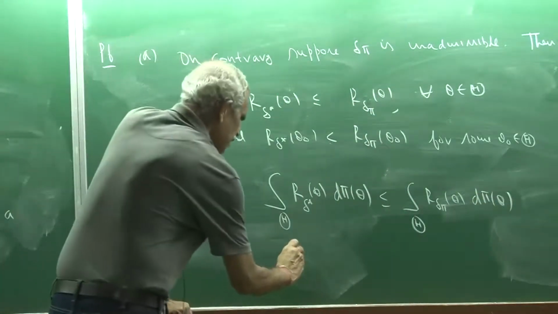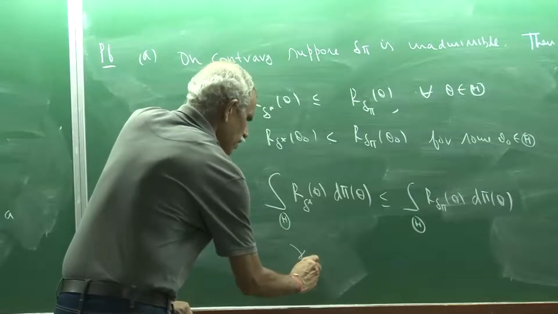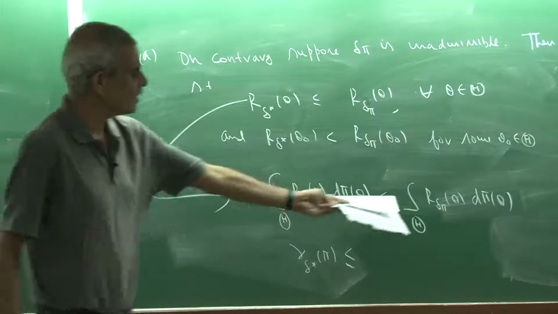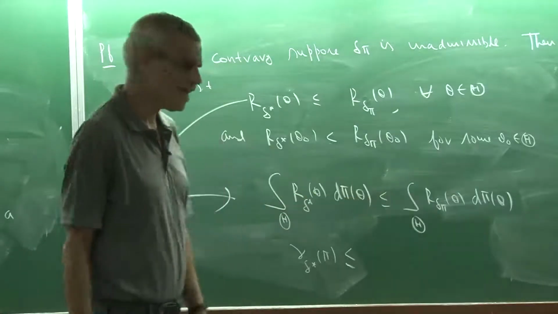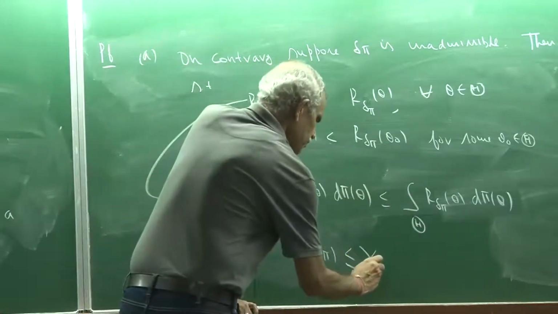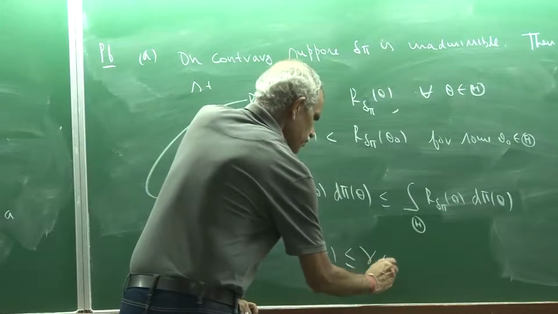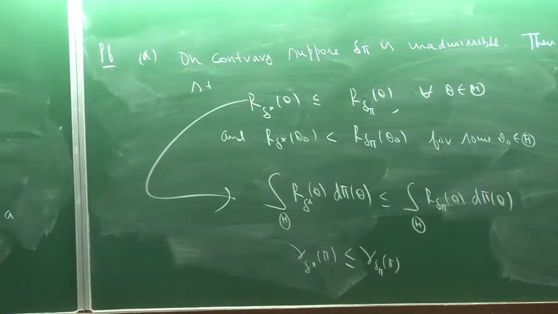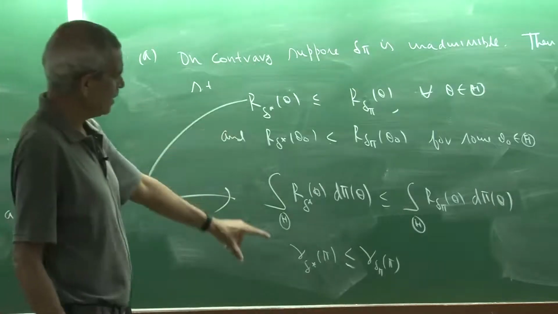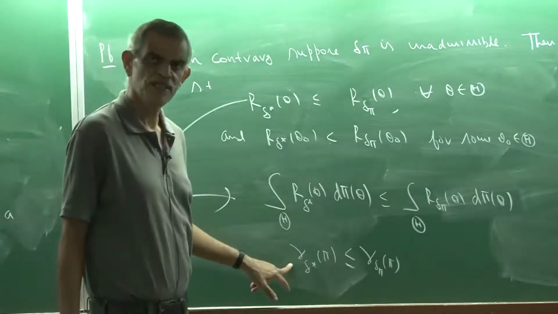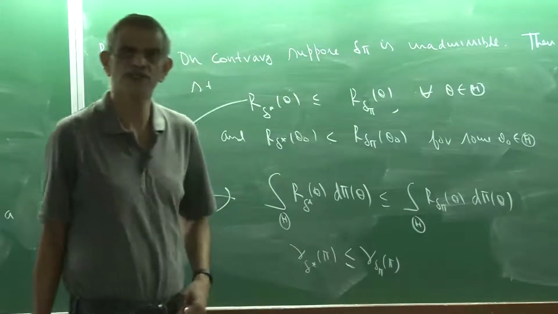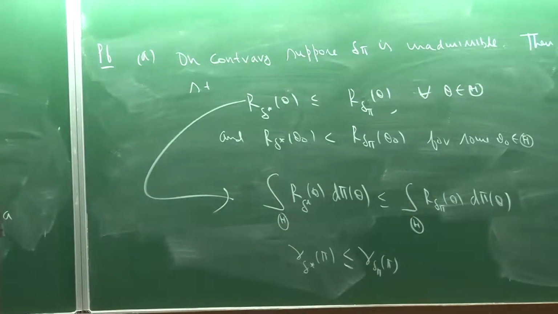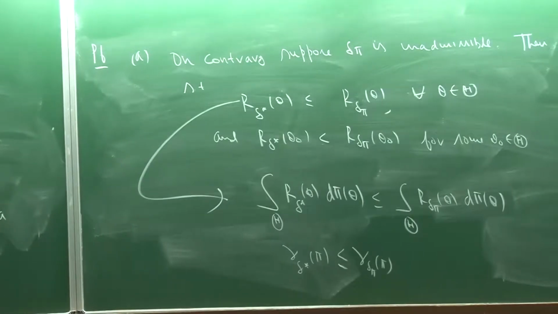This is nothing but the Bayes risk of delta star. And this is the Bayes risk of the Bayes estimator. So what do you conclude? I conclude that there is an estimator whose Bayes risk is less than or equal to the Bayes risk of delta pi, which means basically the two are the same.